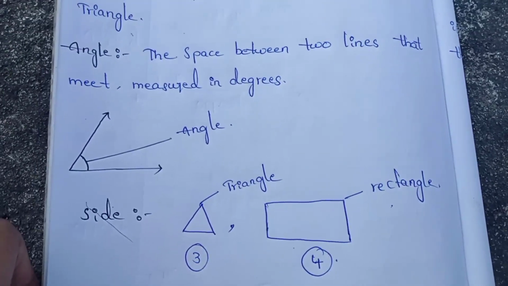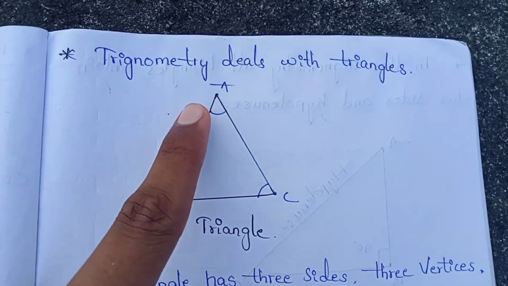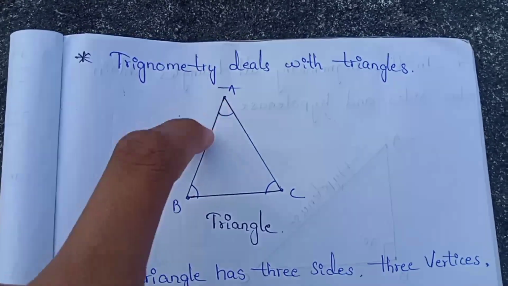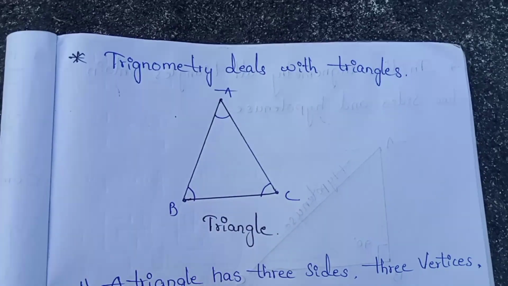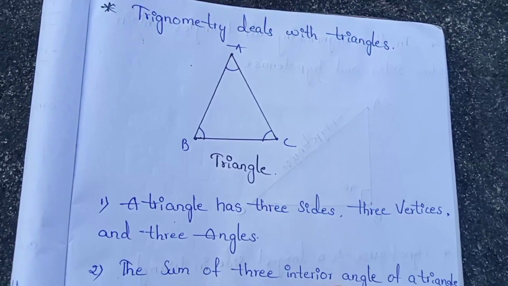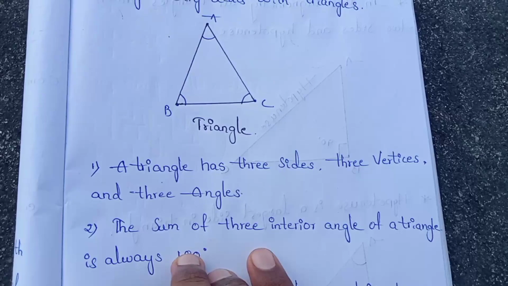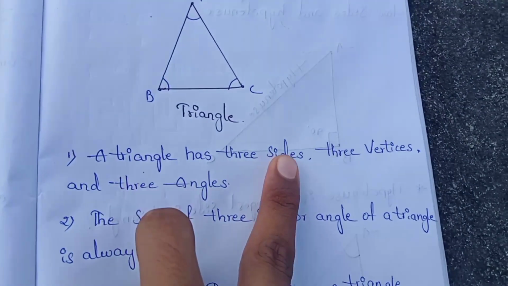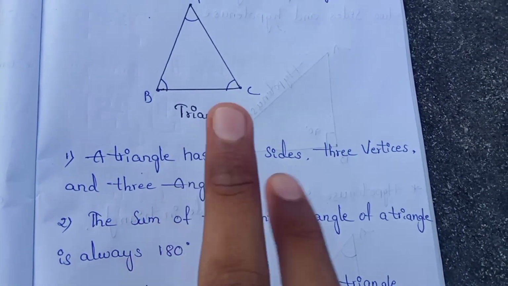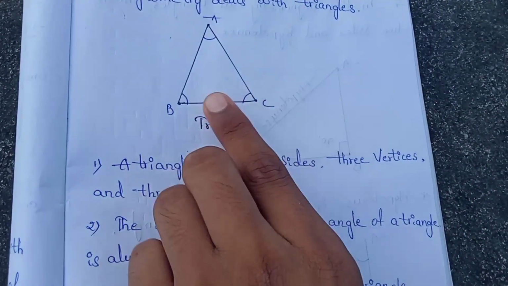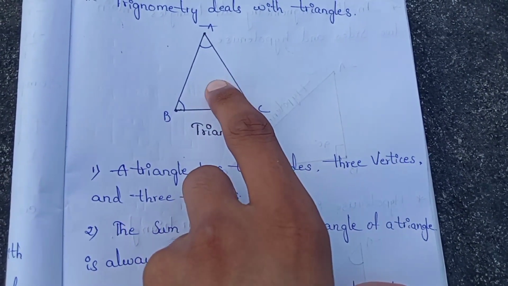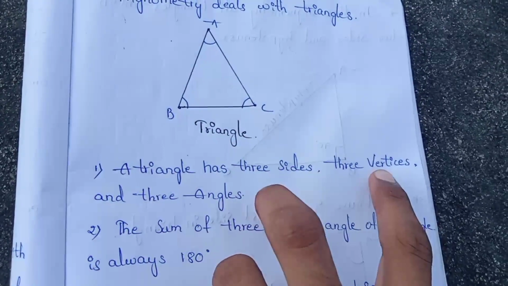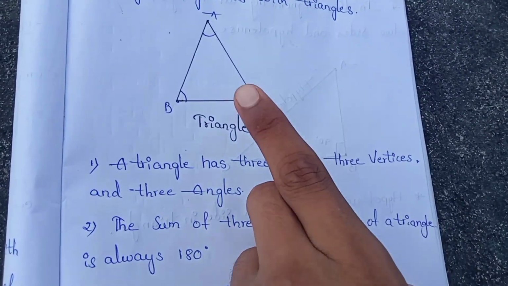See here, trigonometry deals with triangles. This is a triangle. Let this be A, this is B and this is C. Let us see the properties of a triangle. A triangle has three sides, three vertices and three angles. You already know what a side is. What is meant by vertices?